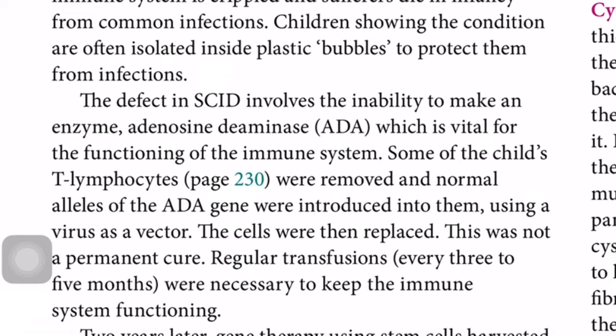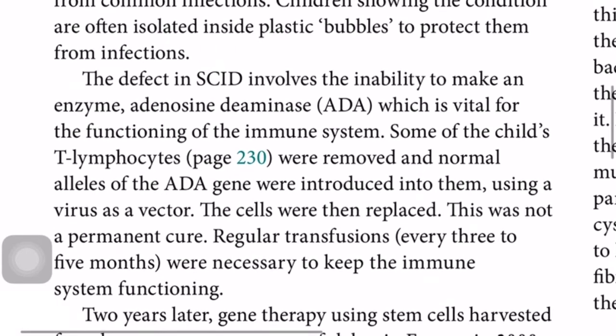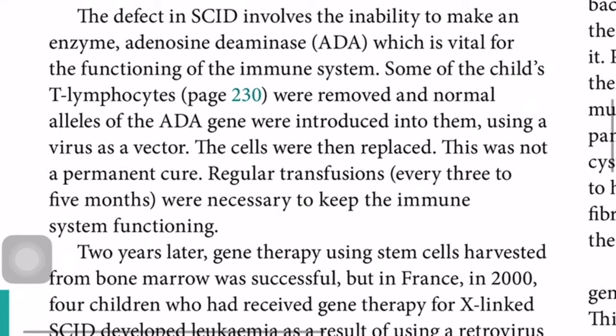But if the immune system is destroyed or does not work because of the faulty gene, then even normal infections can have an effect on our body, and sadly people suffering from this condition usually die when they're infants. Children showing the condition are often isolated inside plastic bubbles to protect them from infections, so that no pathogens can enter the baby's body.